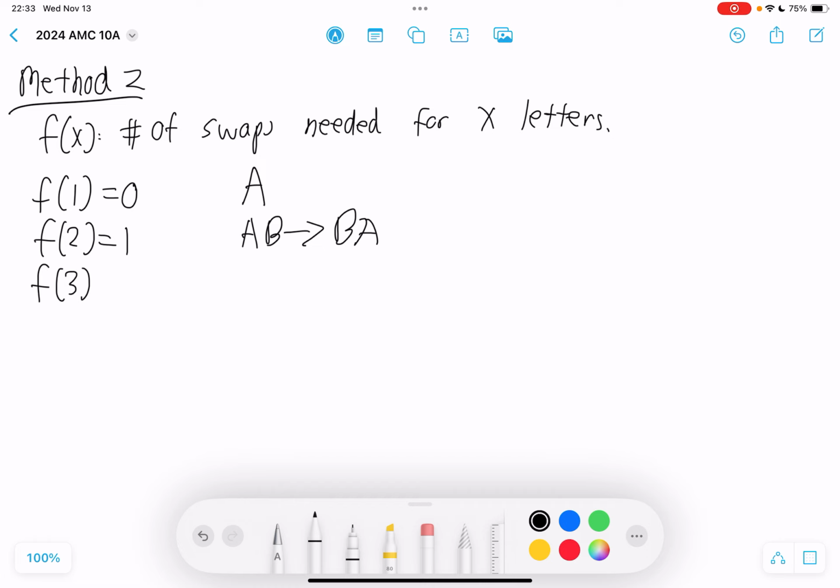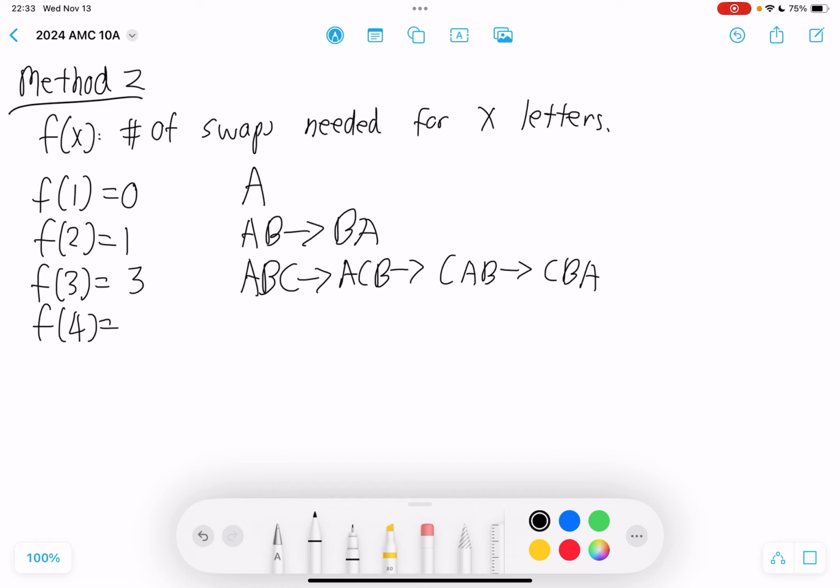And then f of 3 is going to be 3 because we want ABC to become CBA, so you have to swap C with B, so you have ACB, and then you have CAB, and then you have CBA. Now f of 4: you want to swap ABCD. But notice that you can first swap ABC, ignore D first, and make sure that ABC becomes CBA.